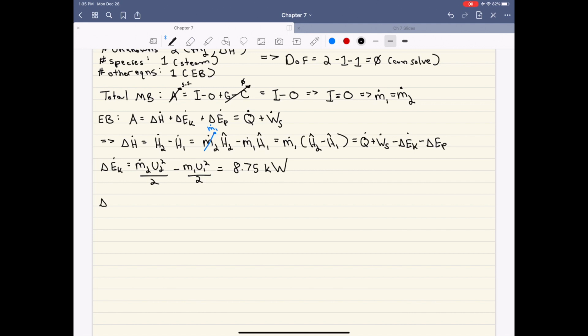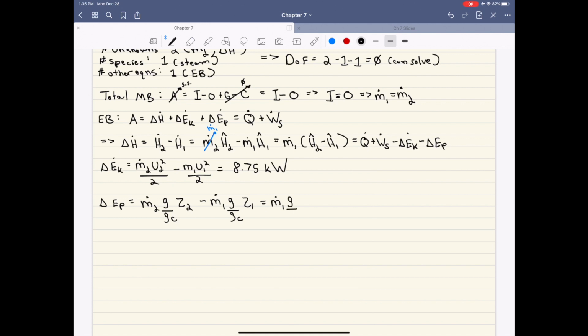For the potential energy, we have this. We don't know what Z1 and Z2 are on absolute terms, but fortunately for us, since the mass flow rates are equal to one another, we could factor them out.